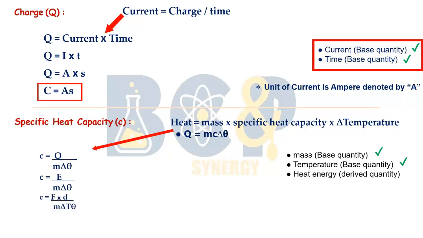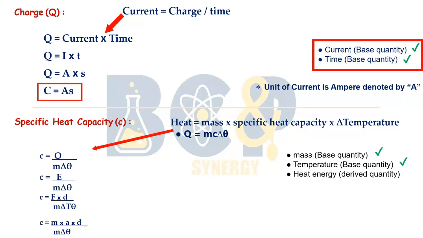Now instead of E we can substitute F into d, because work or energy is equal to force into displacement. Force is a derived quantity which we have to break down. Then it becomes mass into acceleration into displacement whole divided by mass delta theta.